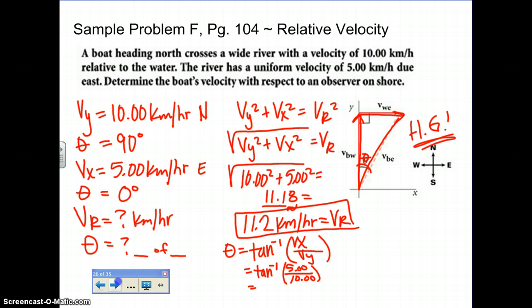That gives you a total of 26.56, therefore giving you a final answer of 26.6 degrees. And then how's this guy look? Did you go east of north or north of east? You went east of north. Box it. Move on to the next one.